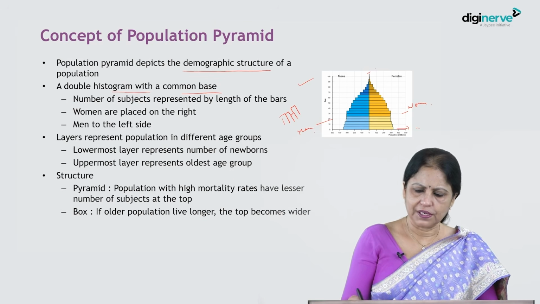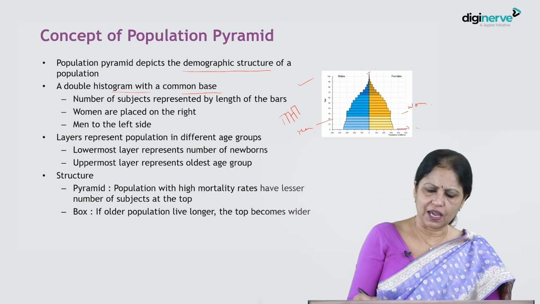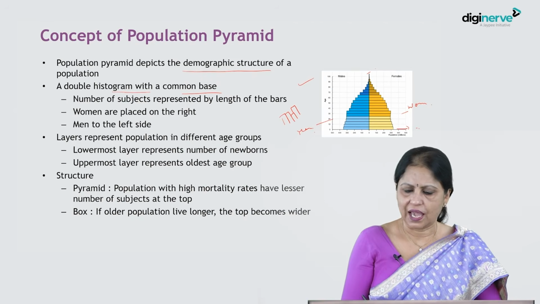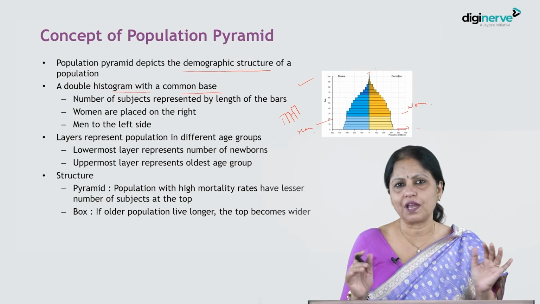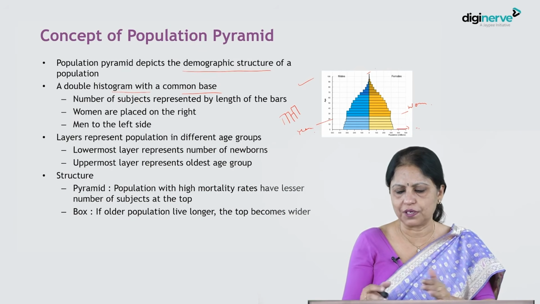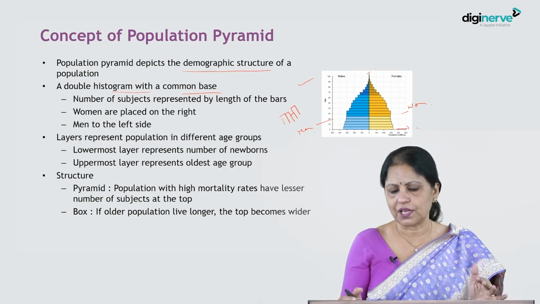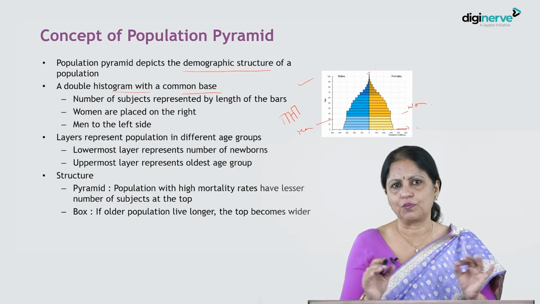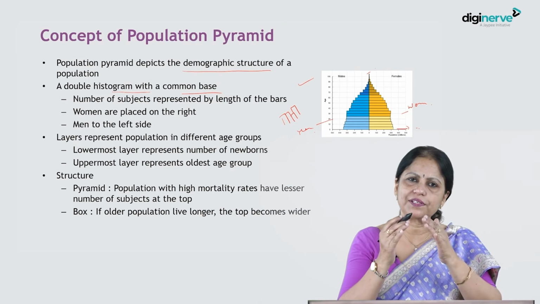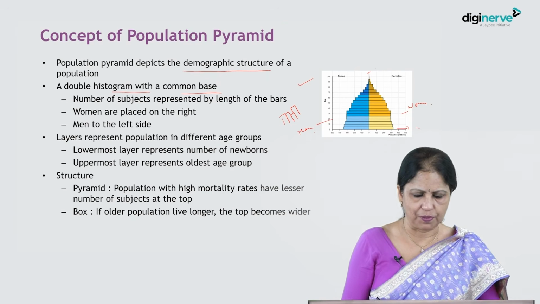The pyramid happens because there is a high mortality rate and gradually it tapers up because the elderly population are much less. And fertility is high, so newborns are more. That is why a pyramid looks like a pyramid with a broad base with more newborns and a tapering tip, that is less of the elderly population.